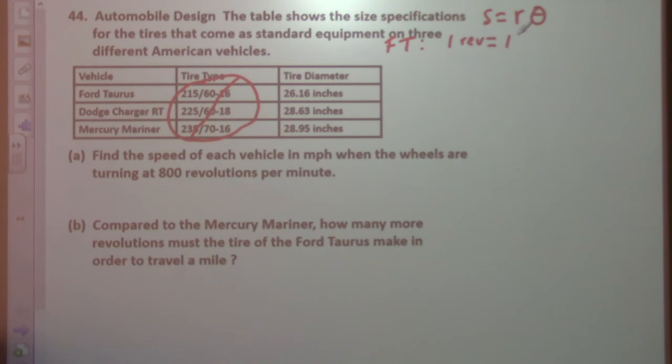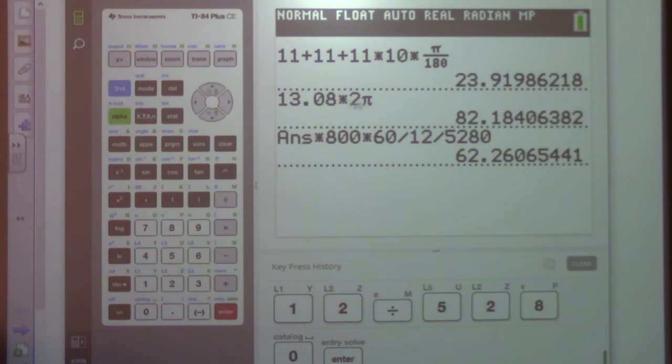Yeah, 13.08. And what's theta going to be? 360 degrees, but remember 360 times pi over 180 is going to be 2 pi. So 2 pi radius is going to be one revolution, which is 82.184 inches.